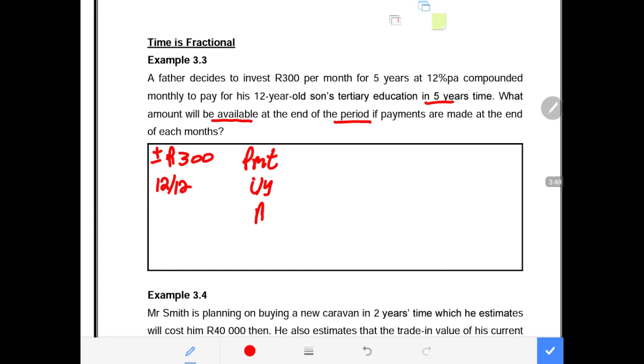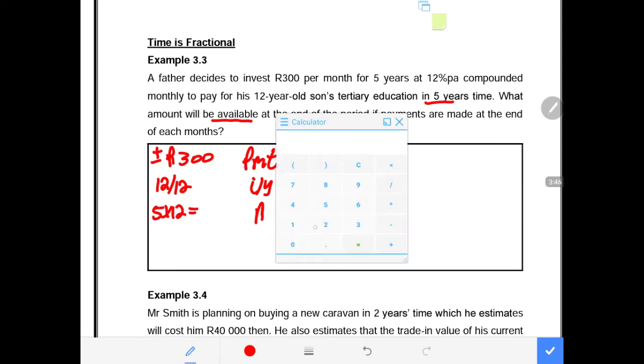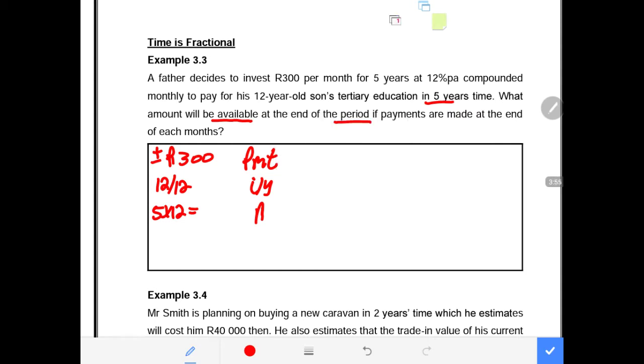Our n is the number of payments. Our n will be 5 times 12, because 5 years times 12 gives us the number of months in 5 years. That means it will be 60 months, meaning there will be 60 payments made.